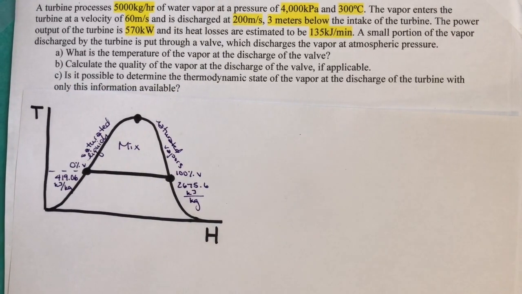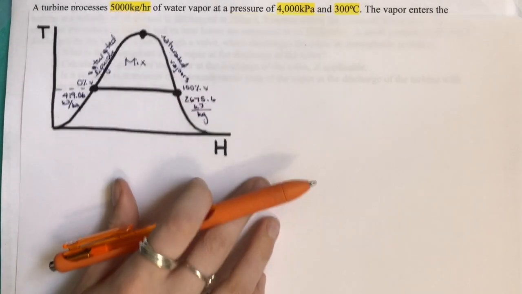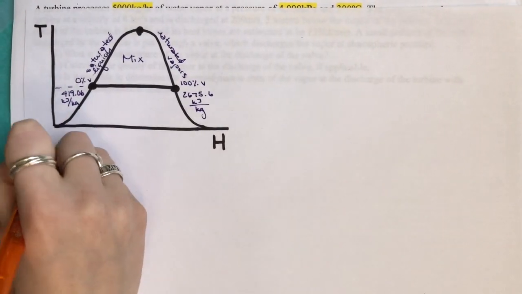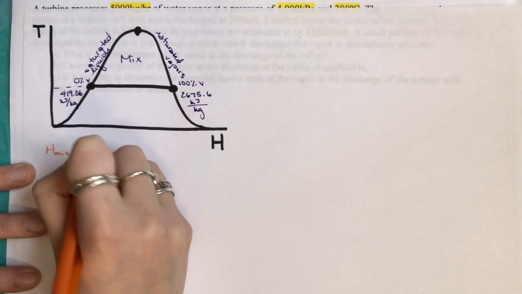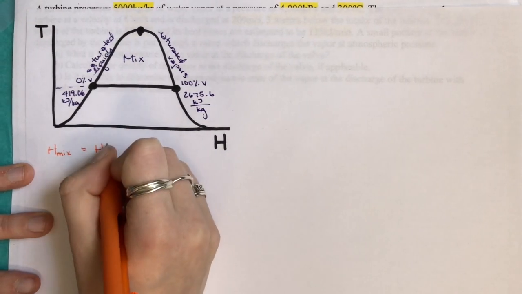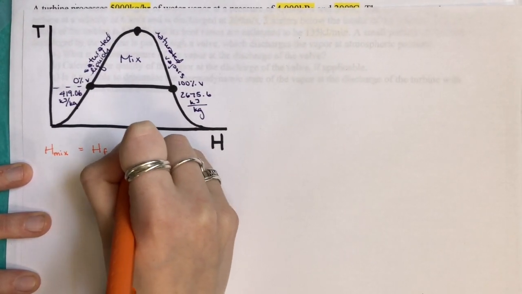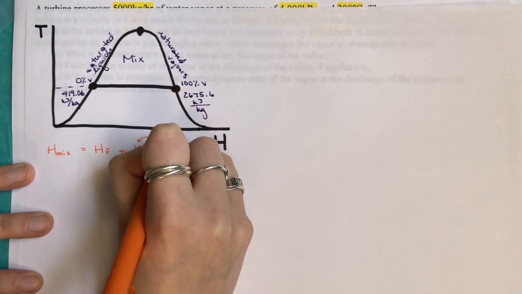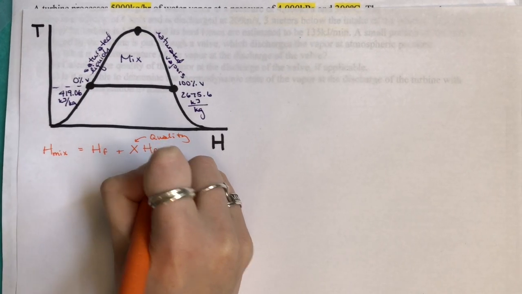Okay, perfect. So now we need to know the equation for the quality of a vapor. The enthalpy of the mix is equal to HF, which is our saturated liquid enthalpy, plus X, which is going to be our quality, times HFG.